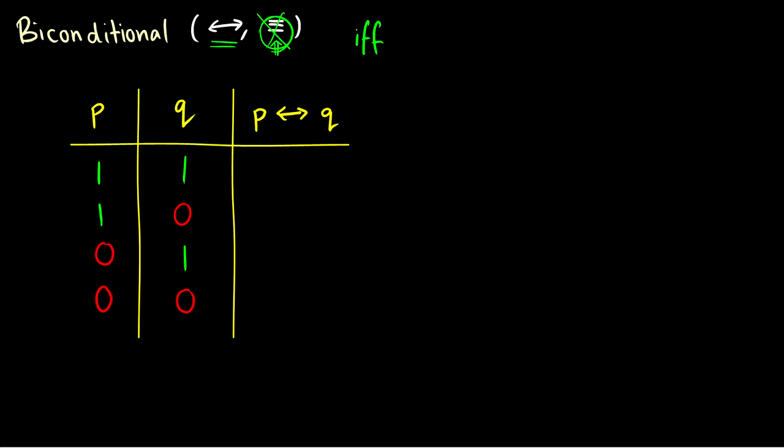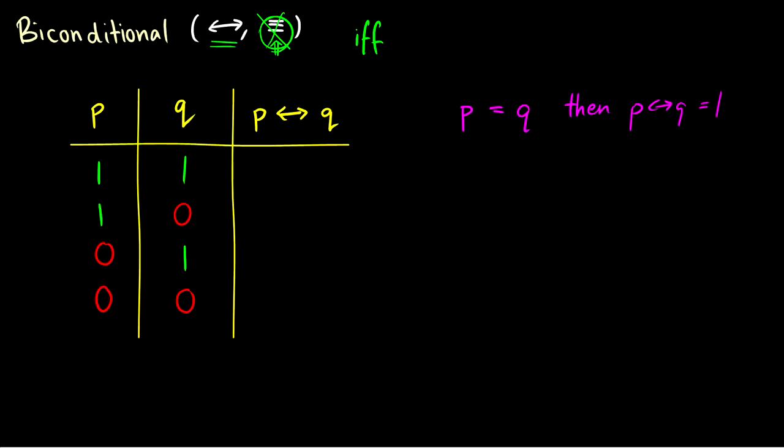And the way P if and only if Q works is if P is equal to Q, then we have that P double arrow Q is equal to 1. So if they're the same value, it outputs a 1.